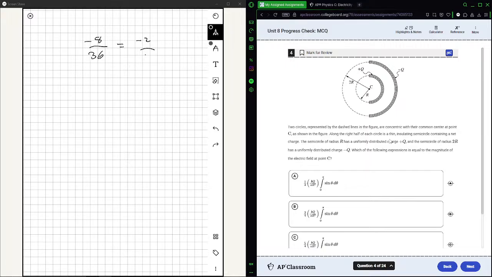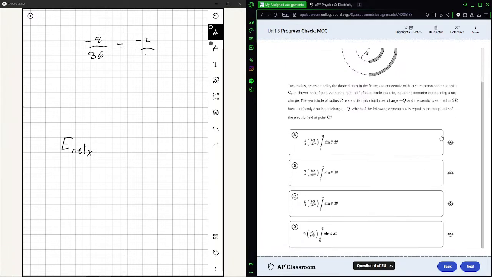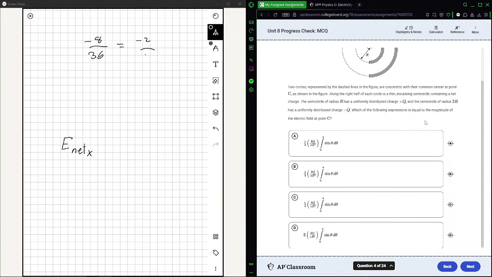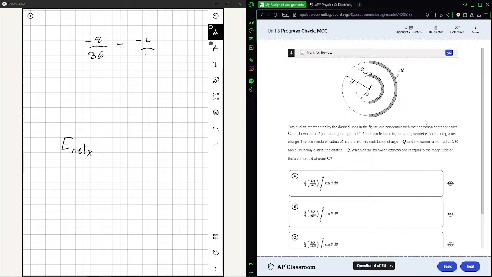Okay, so how can we achieve this? We have E net, but we only have the x component because the y components are going to cancel out. I think they should. And the semicircle, actually, let me see, it did cancel out.